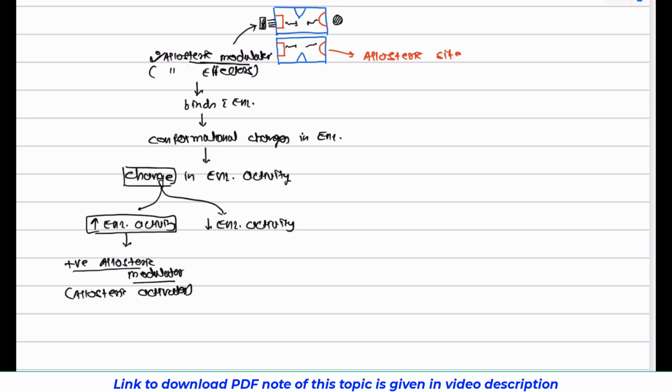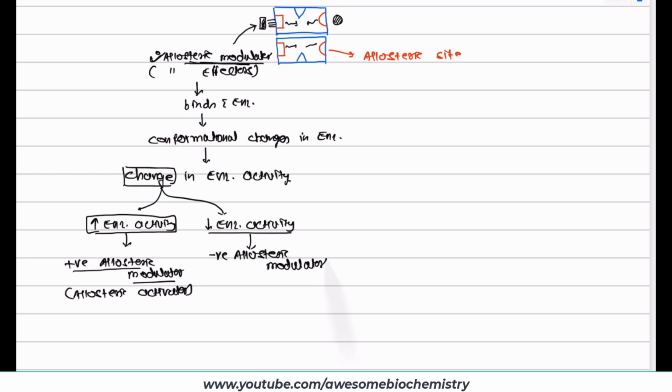Whereas when a particular allosteric modulator binds with the allosteric site and it leads to a decrease in the enzyme activity, then that modulator is called a negative allosteric modulator, which is also called an allosteric inhibitor.